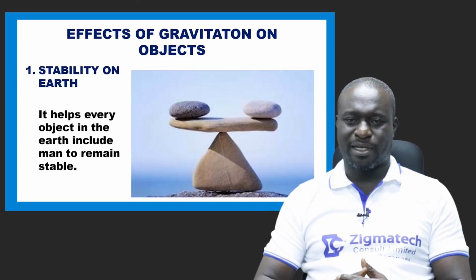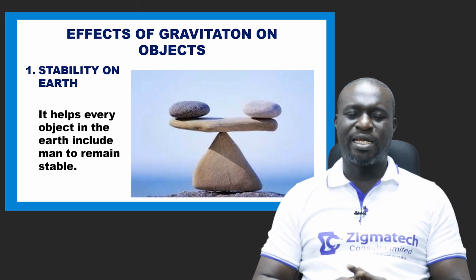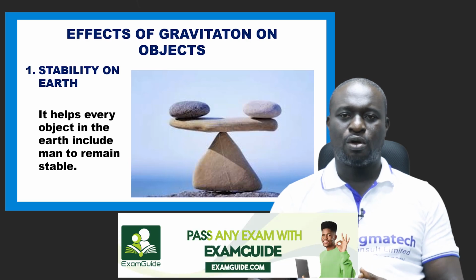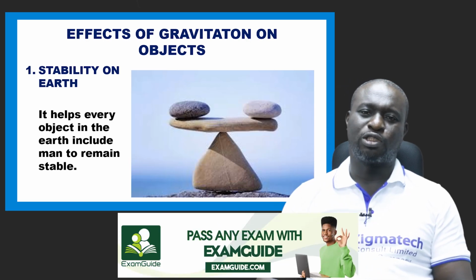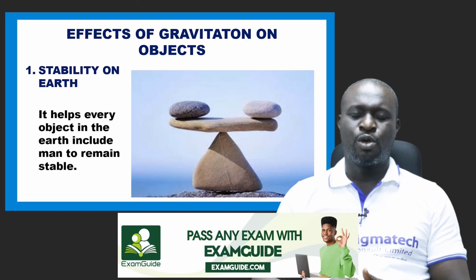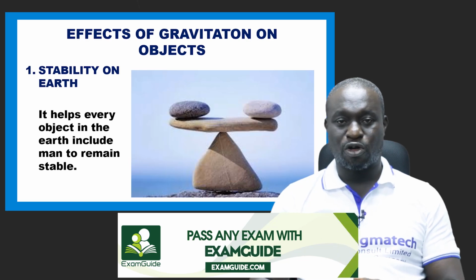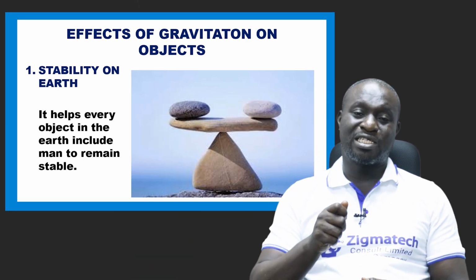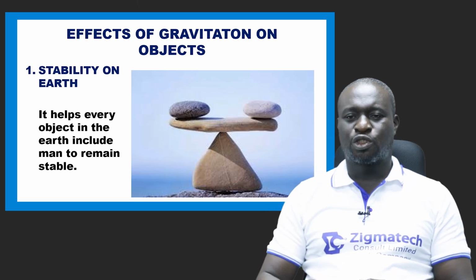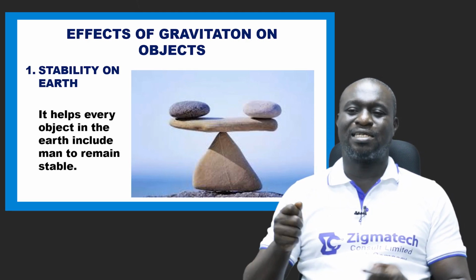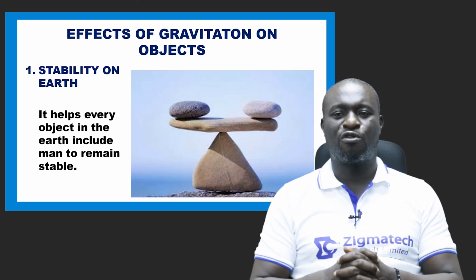Next is effects of gravitation on objects. Now, one effect of gravitation on objects is stability. Remember I mentioned something about stability when we talked about gravity or gravitation. We said that gravitation affects the stability of objects on Earth. So it means that the stability of any object is dependent on the force of gravity.